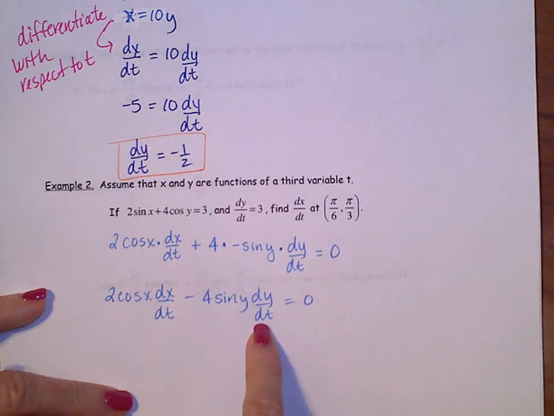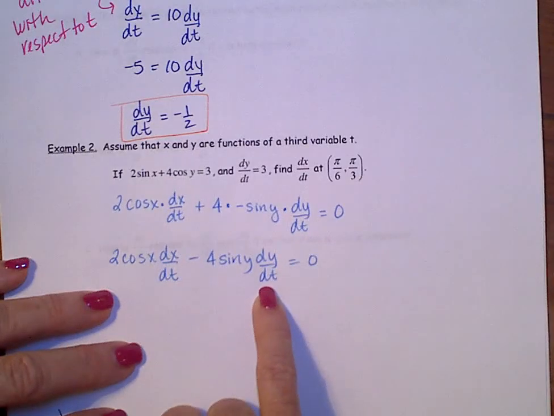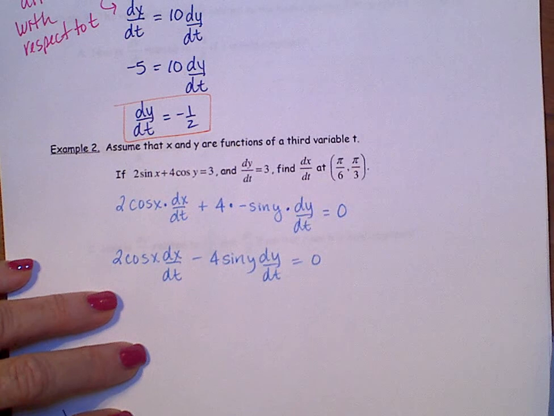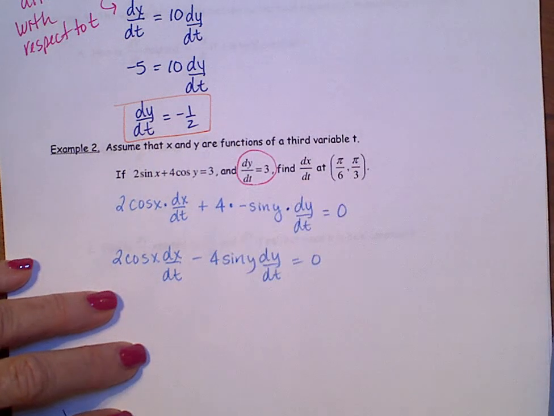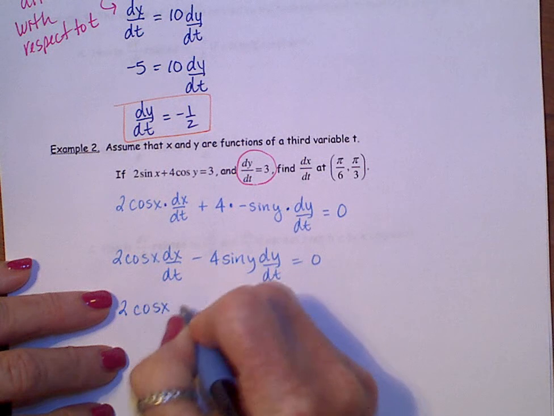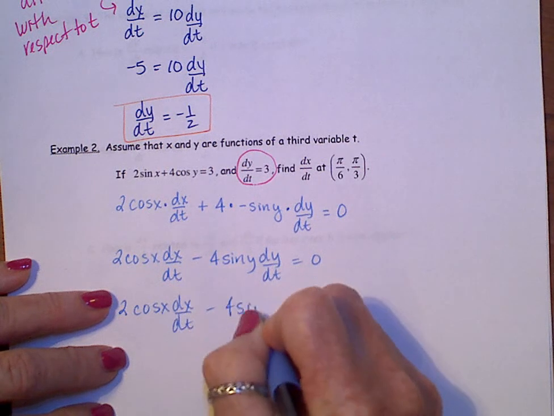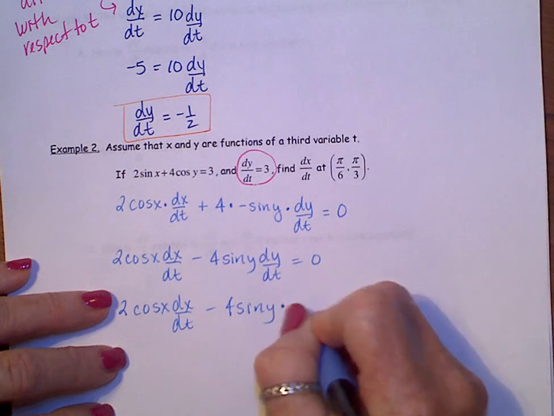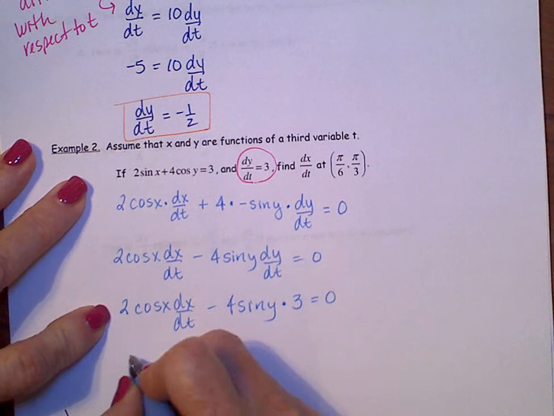Now we don't plug in all of the information all at once. The only thing we plug in is this given rate. And you were given this rate right here, dy dt is 3, so we'll plug that much in. 2 cosine x dx dt minus 4 sine y times 3 is equal to 0. Again, cleaning this up.